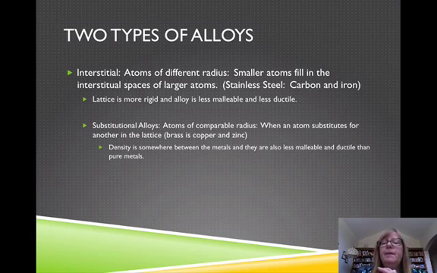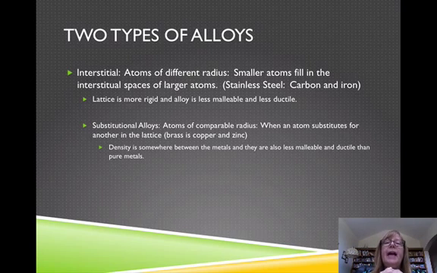A good example of this is stainless steel, where you've got the larger iron atoms and then carbon tucked in there. Now, when we've got these smaller atoms tucked in these interstitial spaces, the metallic lattice becomes more rigid, and the alloy is now less malleable and less ductile. So I like to think of when you're alloying a metal, you're making it stronger.